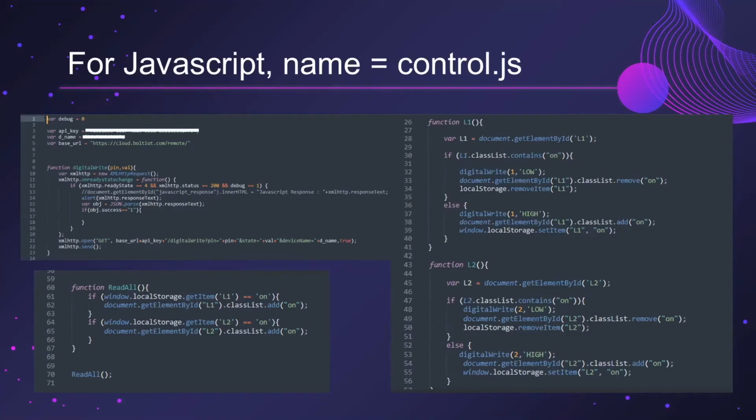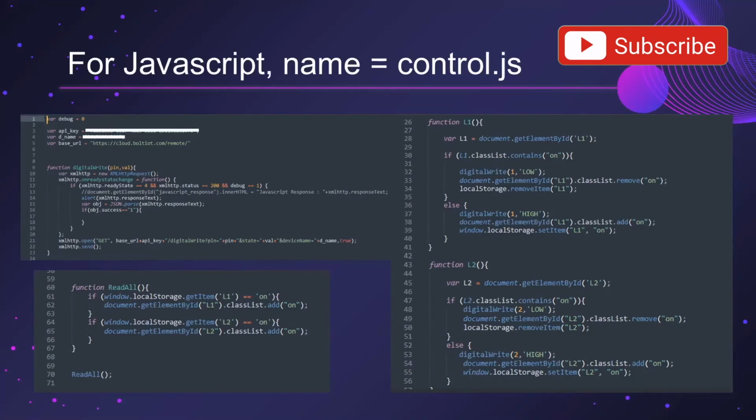When the readAll function is called, it checks if there is any item called L1 with an on value present. If it is present, then it will add the class. This happens both for L1 and L2. This is what's happening when you refresh your page.